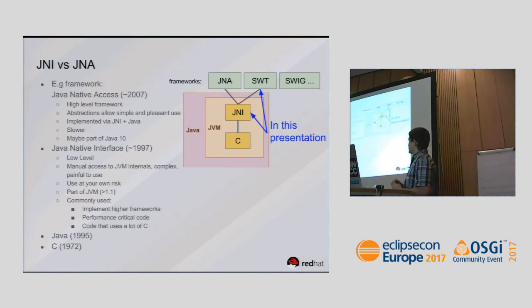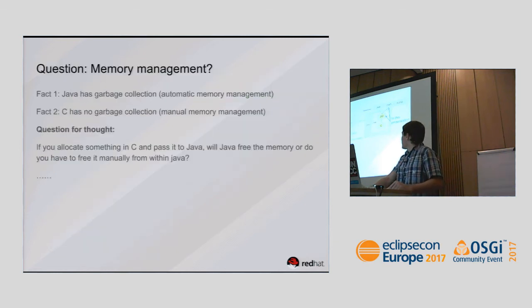Another use case for JNI is if you have a lot of C code and just need to spawn your own JVM. With that said, use JNI at your own risk, because it's very easy to make mistakes.